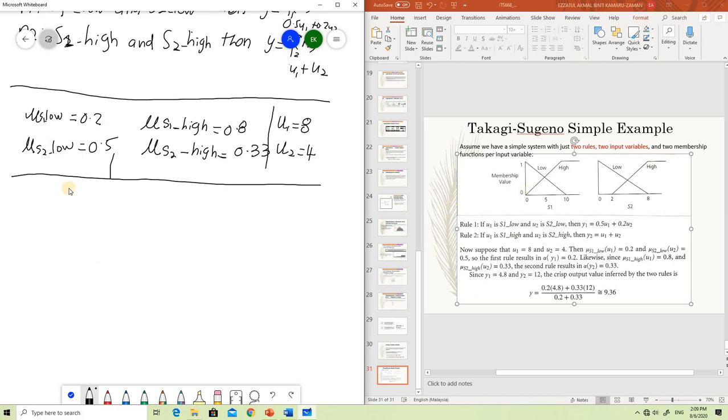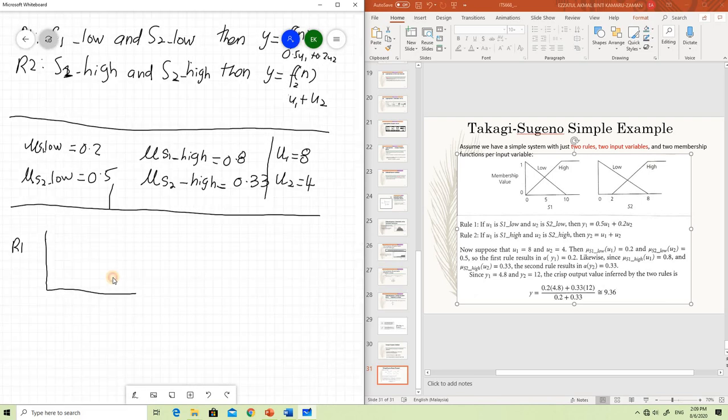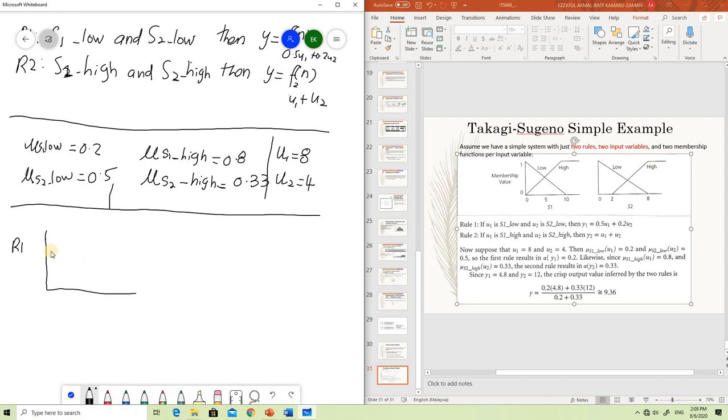So from the given graph, what would be the graph of rule 1? Okay, you know that it's stated here that S1 is low. So which graph are you going to plot here?